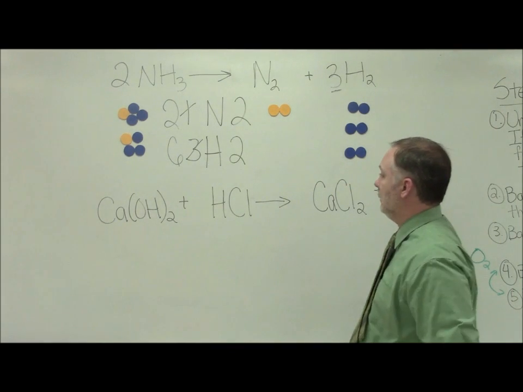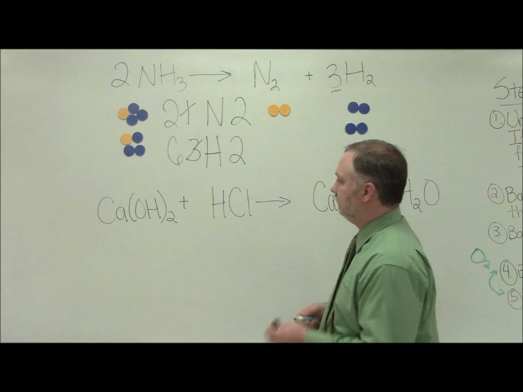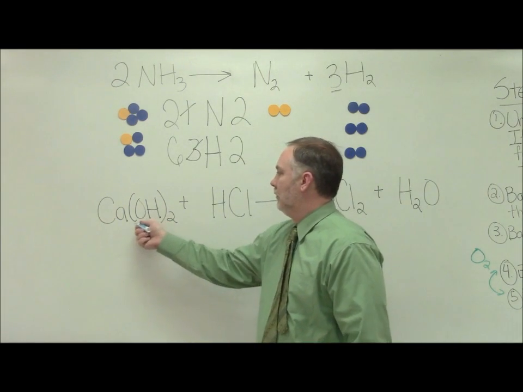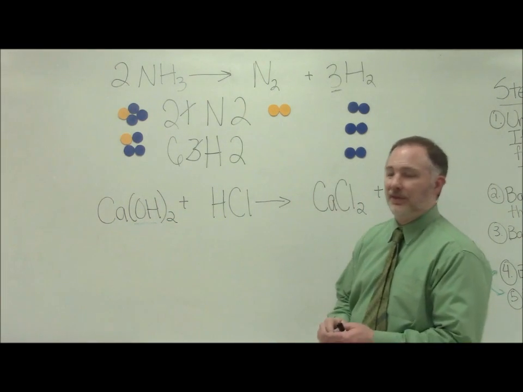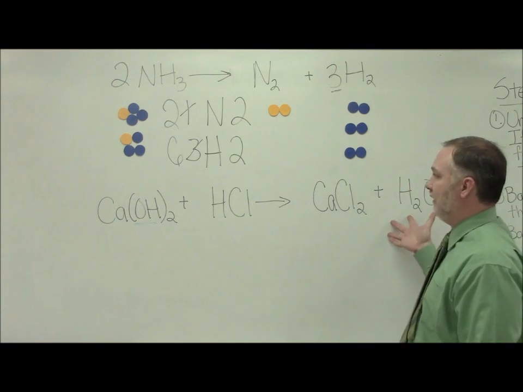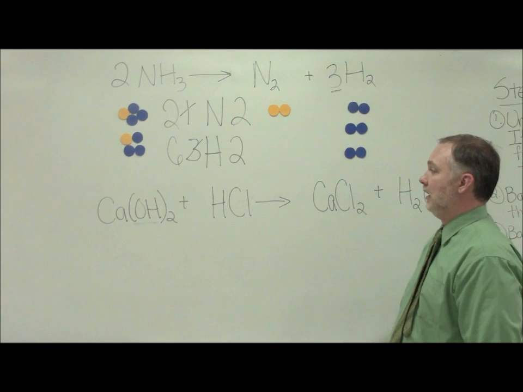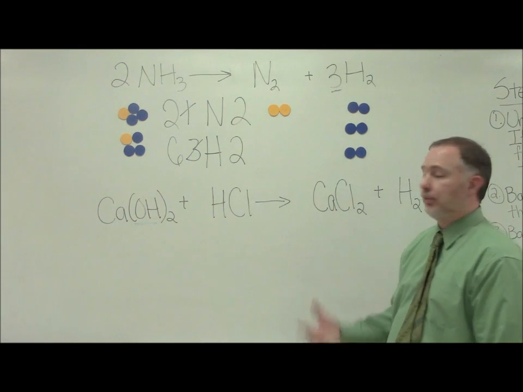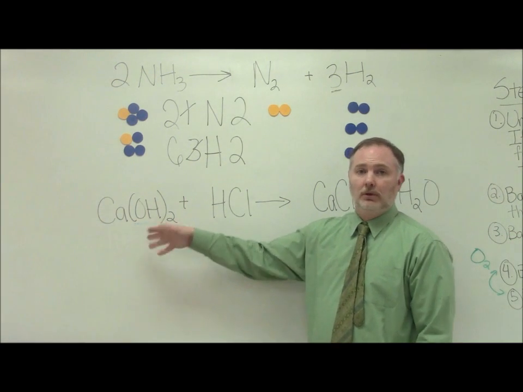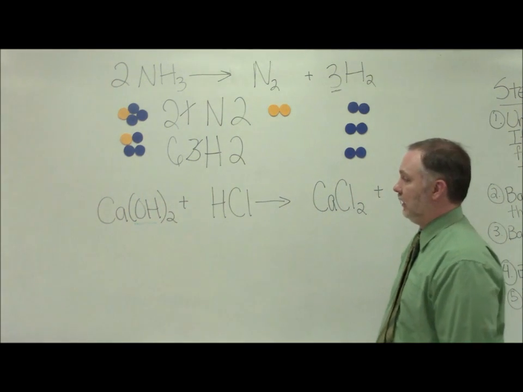And what I do is I do have a polyion, my OH, but the thing is I don't have OH like that in the products. So underlining it is not going to save me any time. I promise you I'll do an example where we have polyions on both sides.